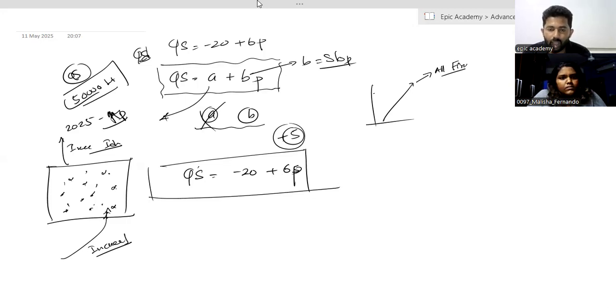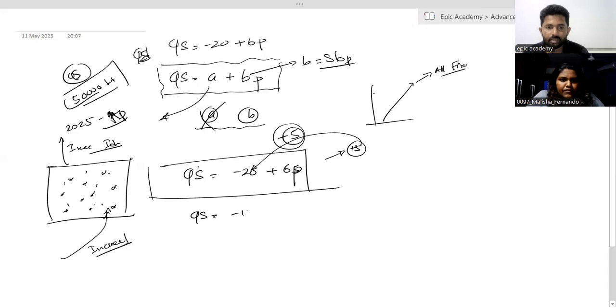But after involving additional firms in the particular industry, there is another supply of 5. So we add plus 5, and QS now becomes minus 15 plus 6P. This is the new quantity supply equation.